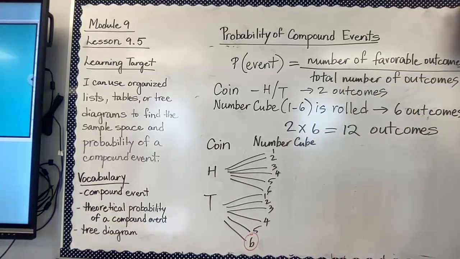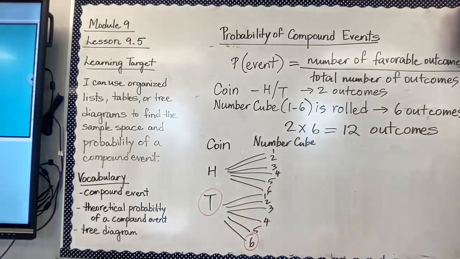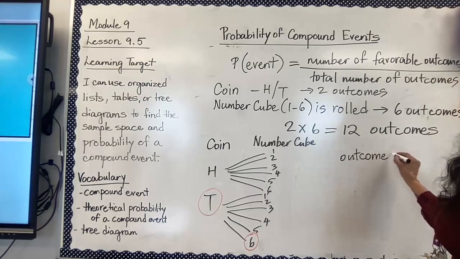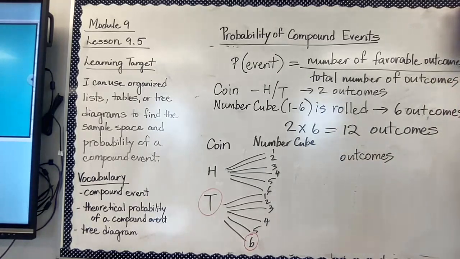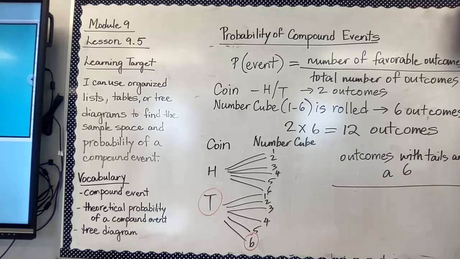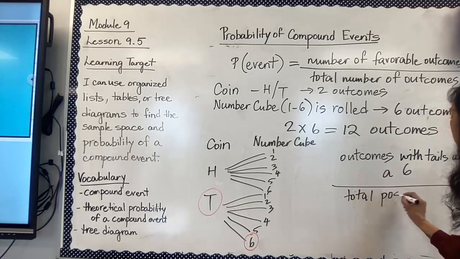So look what I just circled. So we have tails followed by 6. What is the possibility of that? So first, of course, we are going to do what is the total number of outcomes, which is 12. Okay, and then we're talking about outcomes with tails and a 6 over total possible outcomes.